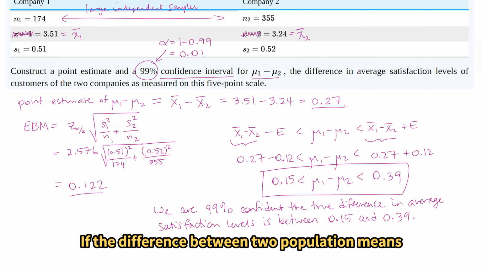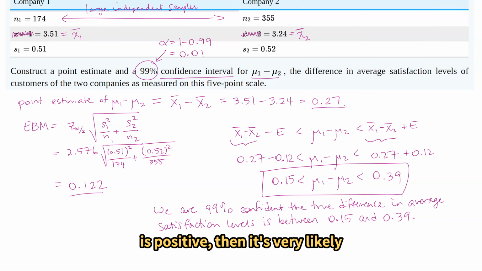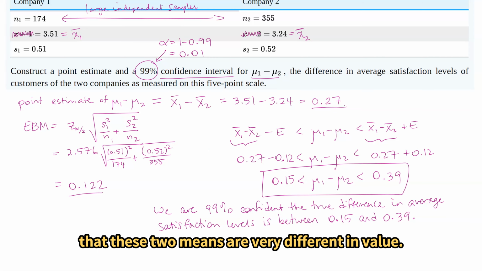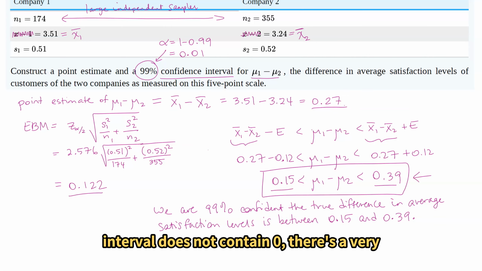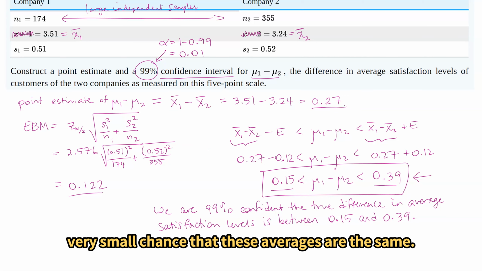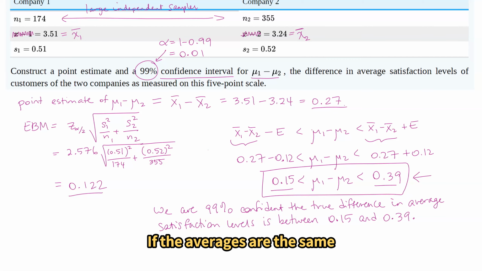If the difference between two population means is positive, then it's very likely that these two means are very different in value. Saying that a different way, since our confidence interval does not contain 0, there's a very, very small chance that these averages are the same. If the averages are the same, then the difference would be 0.